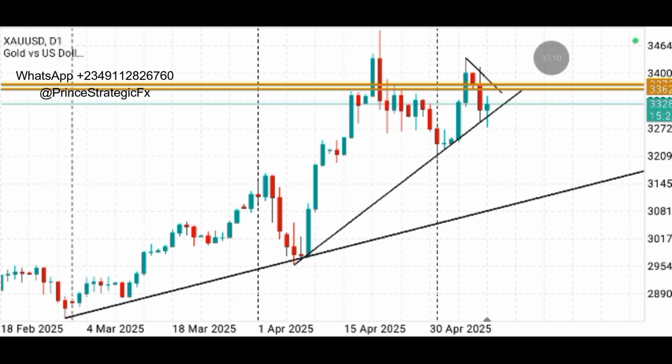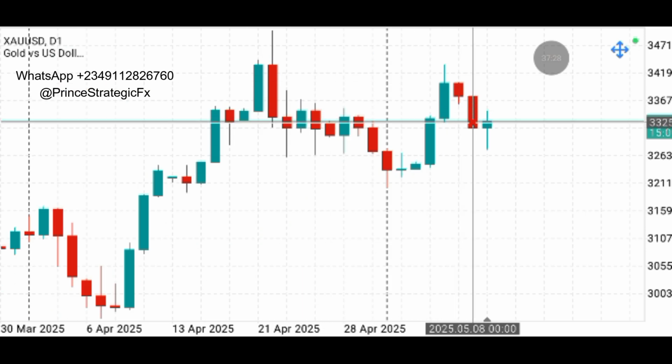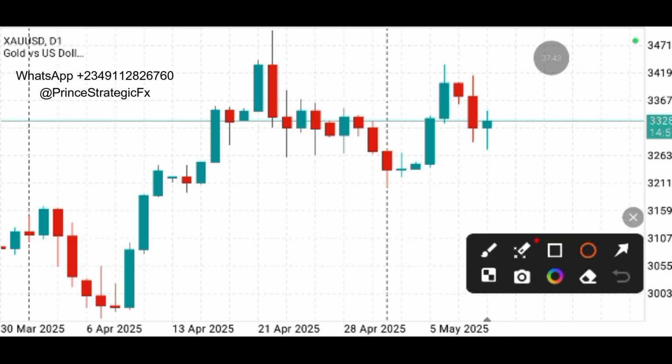Now this is the analysis right here, but let me delete all of this. This is the analysis. So this candle right here, let me bring this out. This candle was, I think, yesterday, and this one here was the day before yesterday, like the previous daily candle, and that was the one I actually traded.